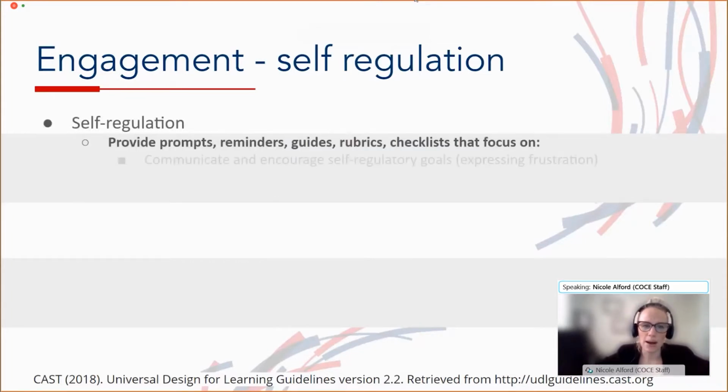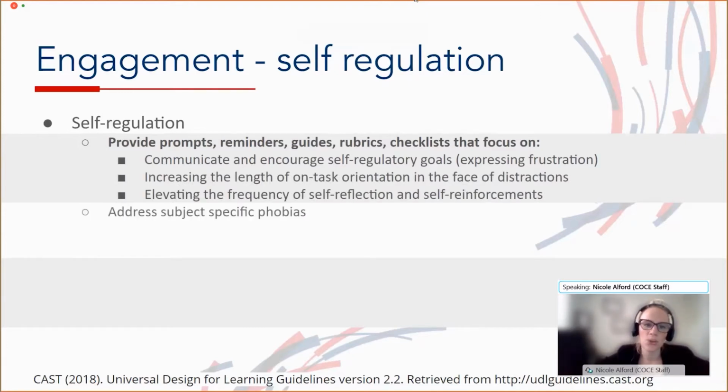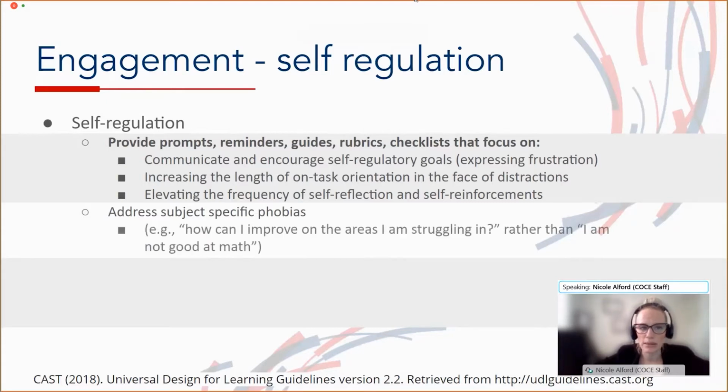Okay, this is going to be the last slide of engagement. So I'll go through it a little bit quickly. Self-regulation. So this is, again, how can you, instead of having those constant reminders, which are very important, and I'll talk about those in a minute, give them prompts, guides, rubrics, checklists. We have a to-do list in our module content page template.